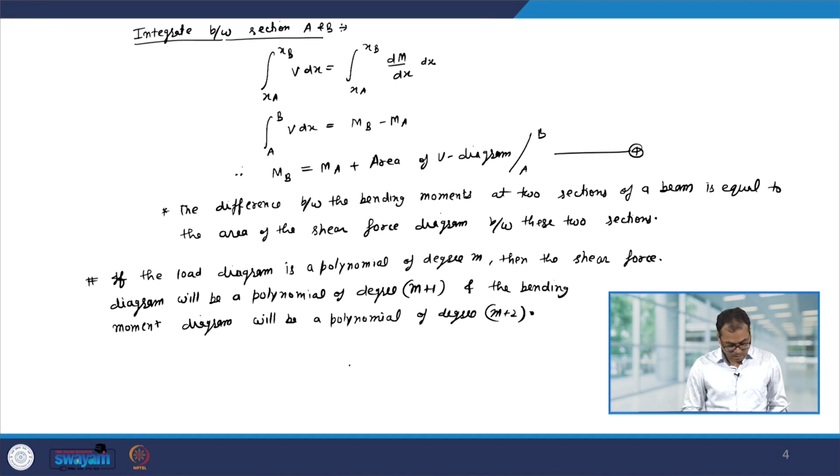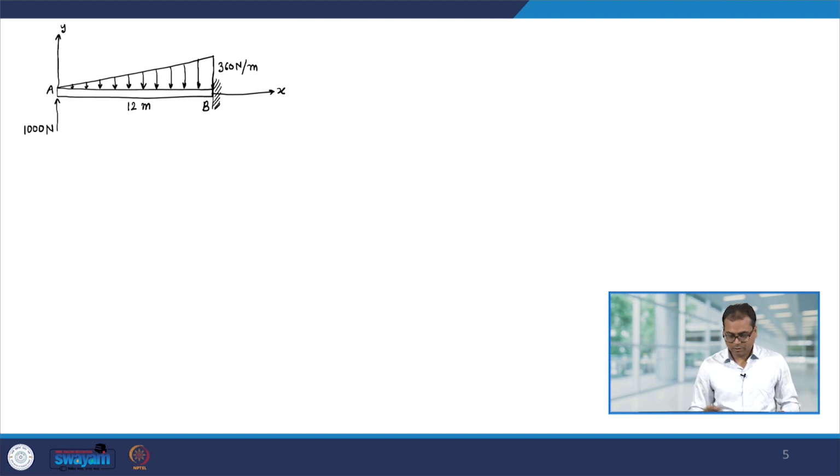Okay. Now, with this basic concept, let us look at a couple of examples. So, the first problem statement is the following.